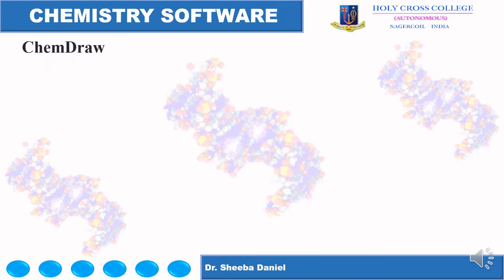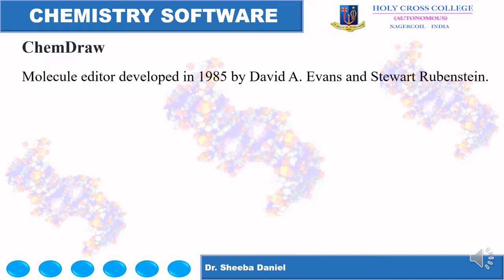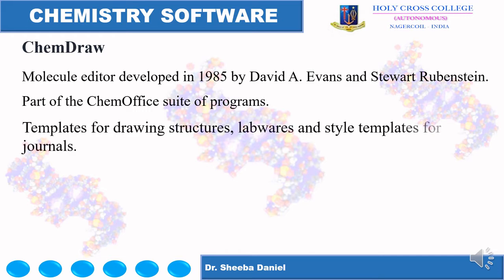The next one is the ChemDraw. ChemDraw is also a chemistry software. It's a molecule editor developed in 1985 by David A. Evans and Stuart Rubenstein. It's a part of the Chem Office suite of programs. A lot of templates are available in ChemDraw, that is, templates for drawing structures, labwares and style templates for chemical journals.